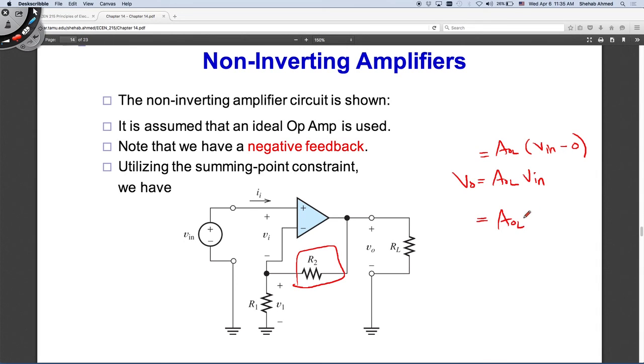Before R2, my output voltage was equal to AOL times V input minus AOL times 0, right? Now, if I feed back something instead of the 0, this will have a value, and this will have a value, and they're both infinite. So what does this mean for V output? If it's open loop, yes, but it's no longer open loop.